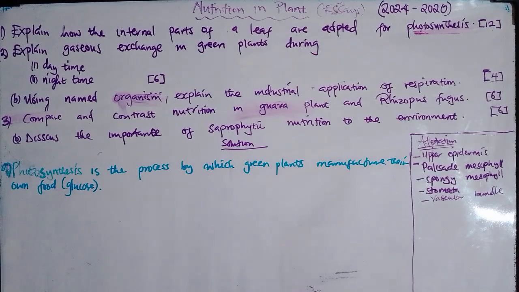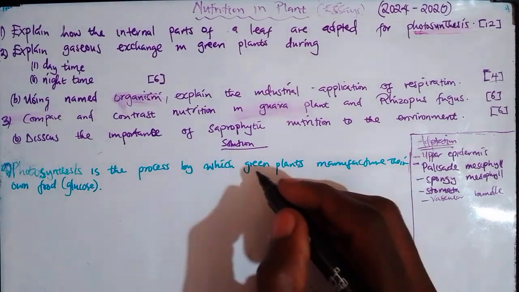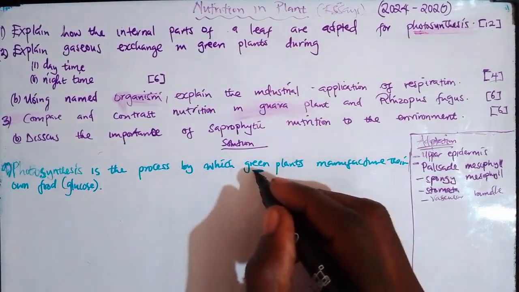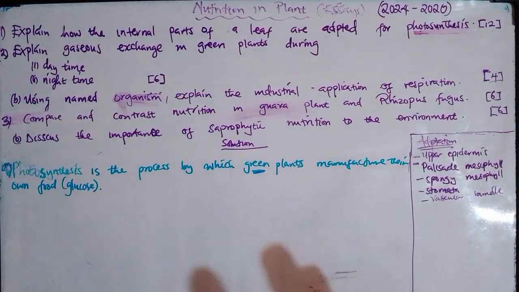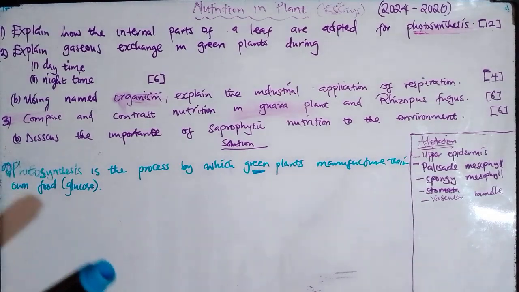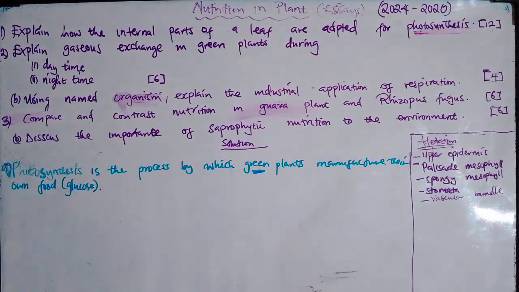I've seen most pupils write a process by which plants. The important part is green, because not all plants do photosynthesis, only those with green leaves, because they contain chlorophyll. You have to understand that. Not all plants manufacture their own food, only green plants.